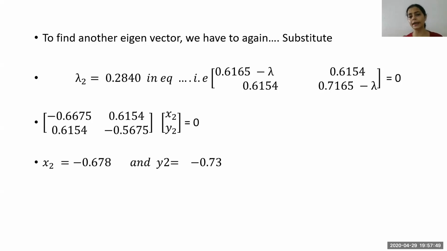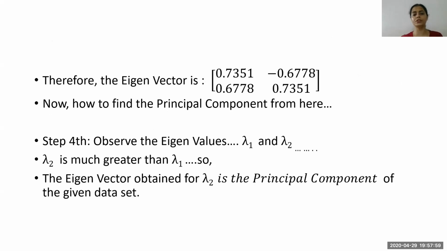Now that we had two eigenvalues, lambda 1 and lambda 2, we shall have two eigenvectors: x1, y1, which is one vector, and x2, y2, which is another vector. So this is the first eigenvector, x1 and y1, and this is the second eigenvector, x2 and y2.